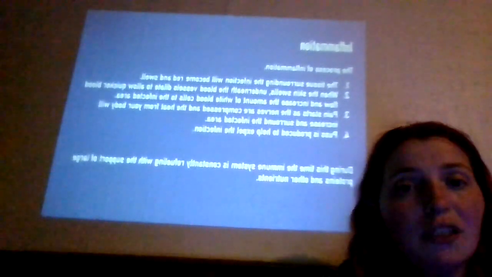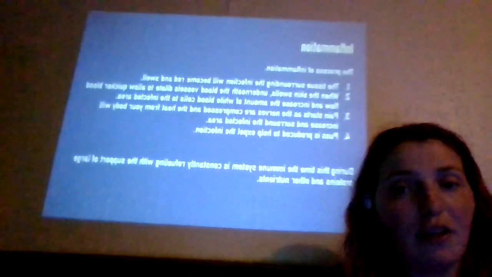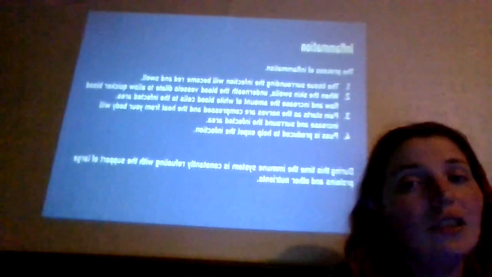You have the second line of defence, which includes inflammation, fever, phagocytes, proteins and cytokines. Now, this is what happens, your body's response, if an infection manages to penetrate the first line. So starting off with inflammation, this is what happens when a part of your body becomes infected or cut or anything like that, and you will see swelling.